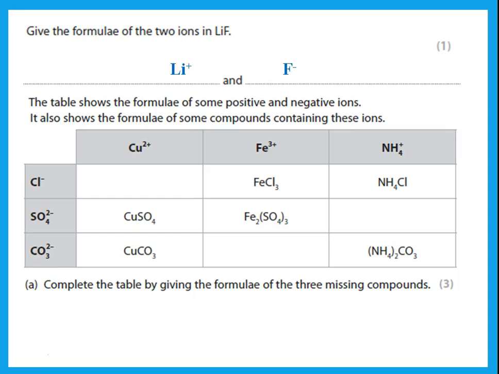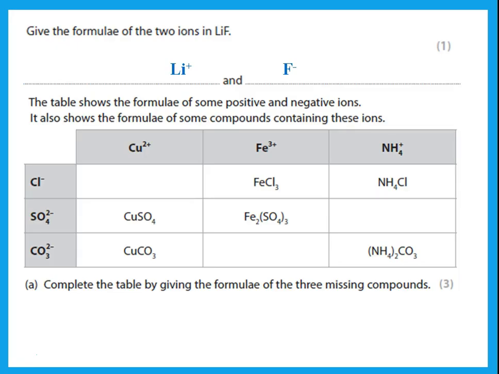Okay? Now, the question says the table shows the formula of some positive and negative ions. Complete the table by giving the formula of the 3 missing compounds. So he wants you to write the formula of a compound made up of copper 2 plus and Cl minus. Remember that the number of the charges on the atom or on the ion is its valency.